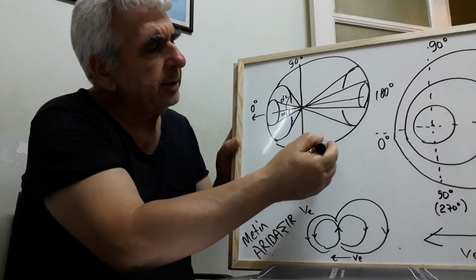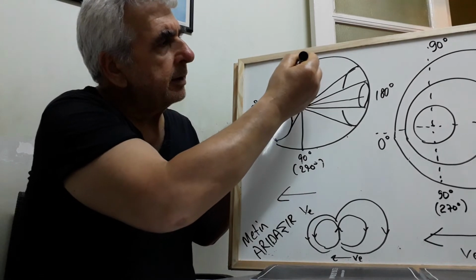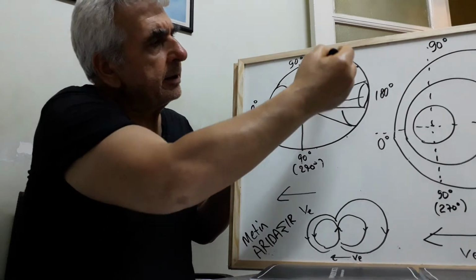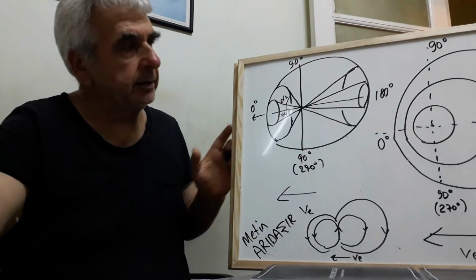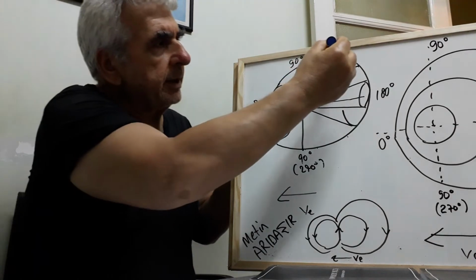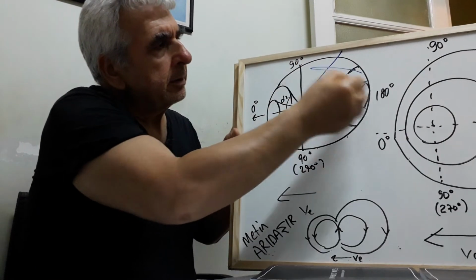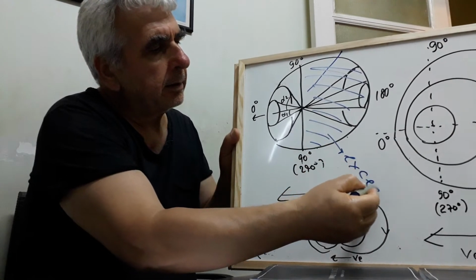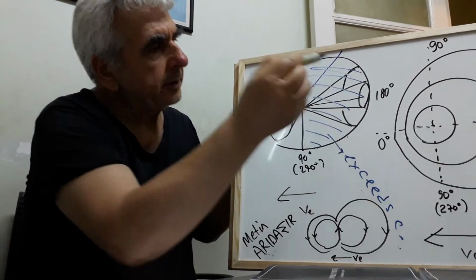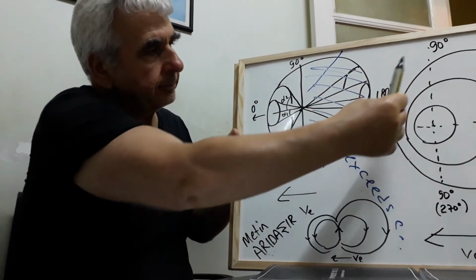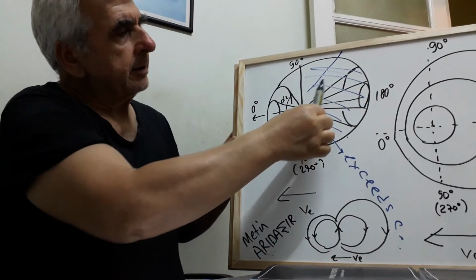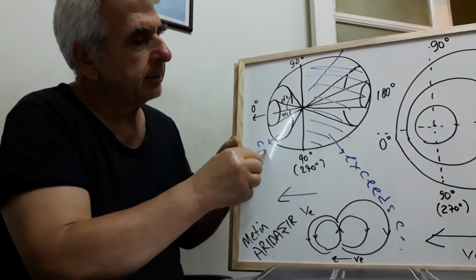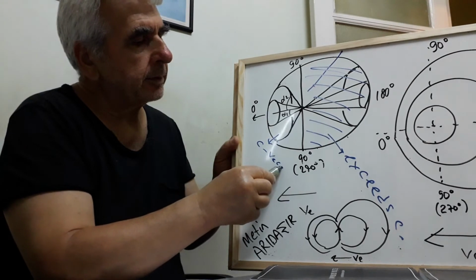At each point, 91 degrees, 93 degrees, 80 degrees, this side exceeds the speed of light, this side is minus the speed of light, cosine.